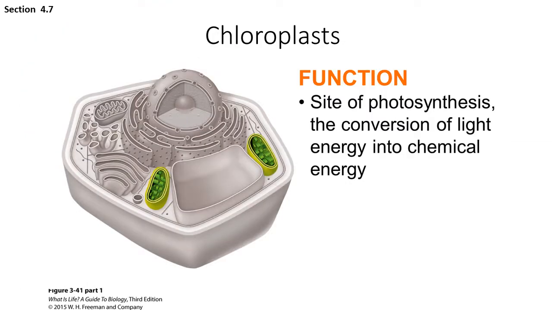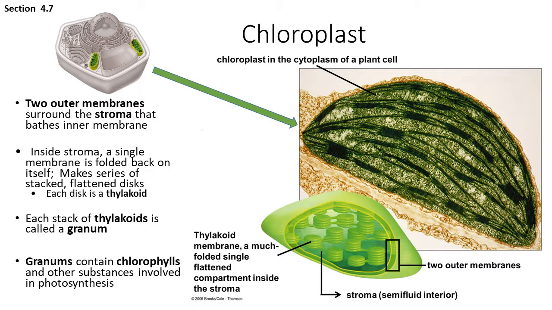Chloroplasts function as the site of photosynthesis, or the conversion of light energy into chemical energy. Chloroplasts are composed of two outer membranes that surround the stroma that bathe an inner membrane.